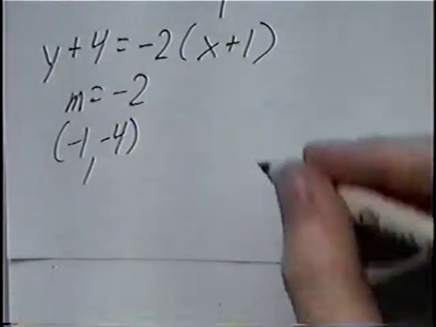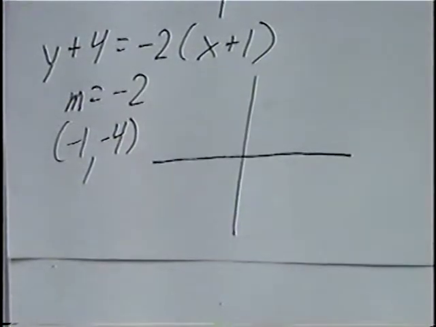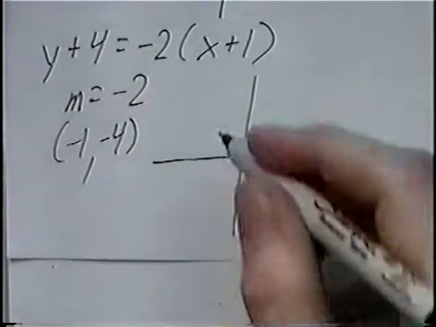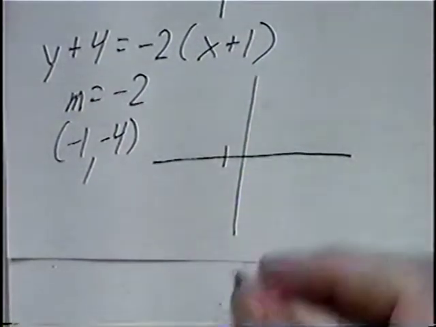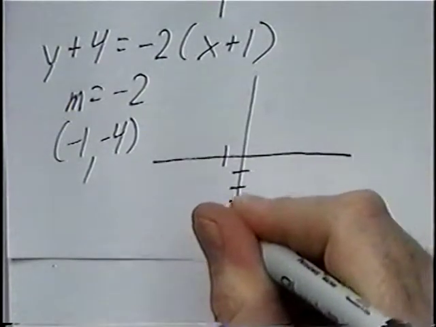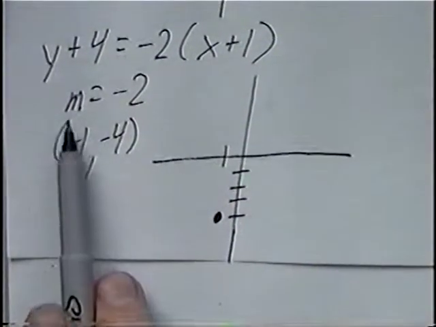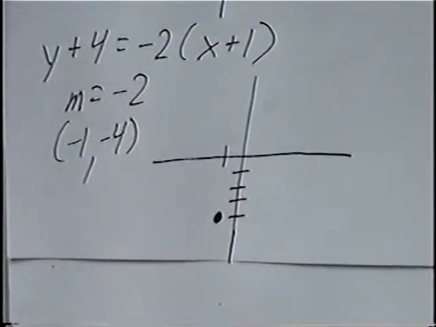Using the slope and the point, we can graph this equation. The point is -1, -4. -1 would go to the left 1 spot, and -4 would go 4 spots down. The slope we have, m equals -2.